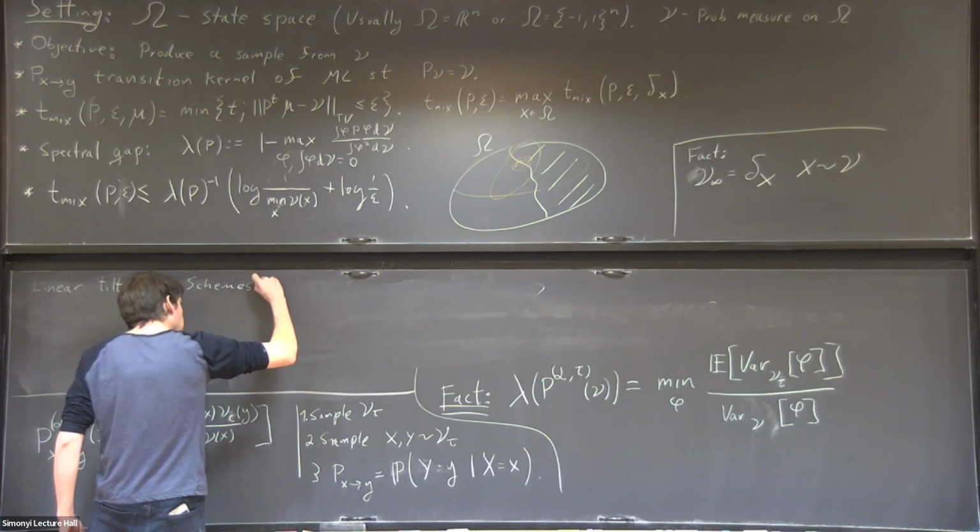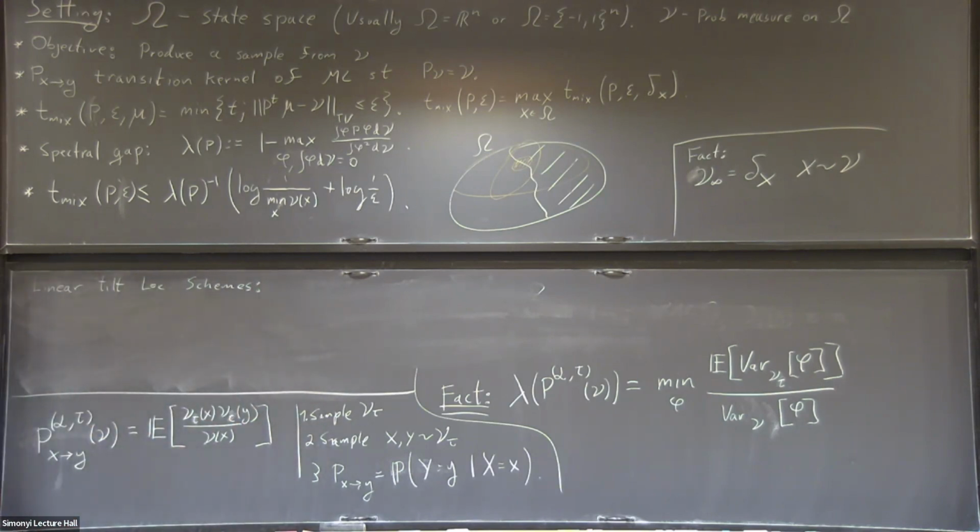This is just the family of localization schemes such that to go from the measure nu t to nu t plus 1, or nu t plus epsilon if it's continuous time, everything here can be in continuous or discrete time, we take the measure nu t and multiply it by a linear function such that the gradient of the linear function is chosen random. The randomness just goes into the gradient.